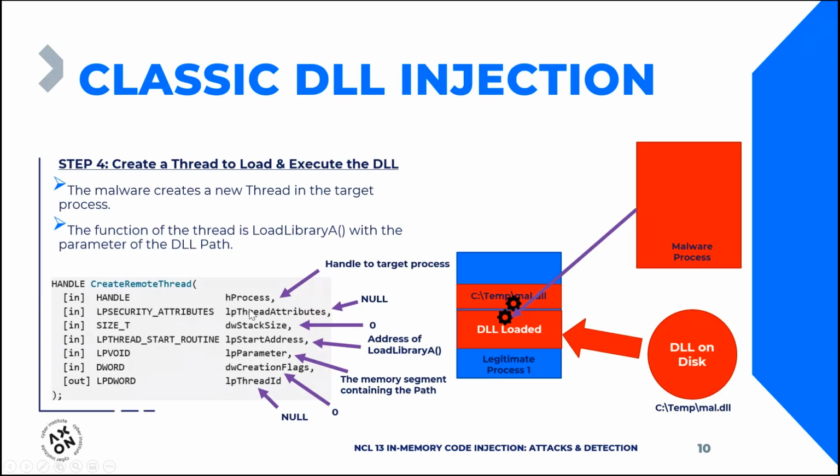Once I call CreateRemoteThread, there will be a new thread, and this thread will execute the function LoadLibrary, and LoadLibrary will load my DLL, and once it is loaded inside legitimate process 1, it is going to execute the malicious code that is inside that DLL file.